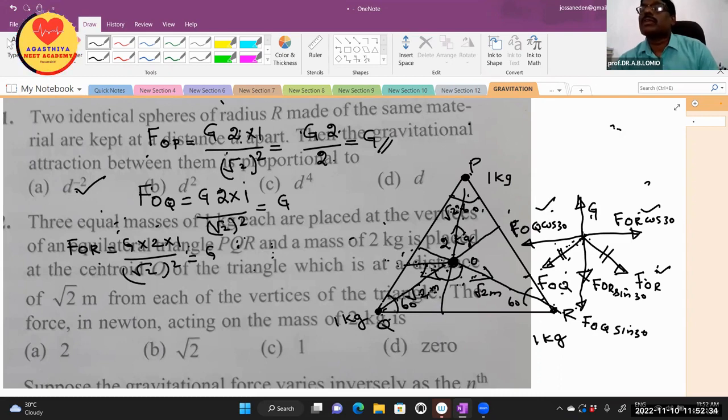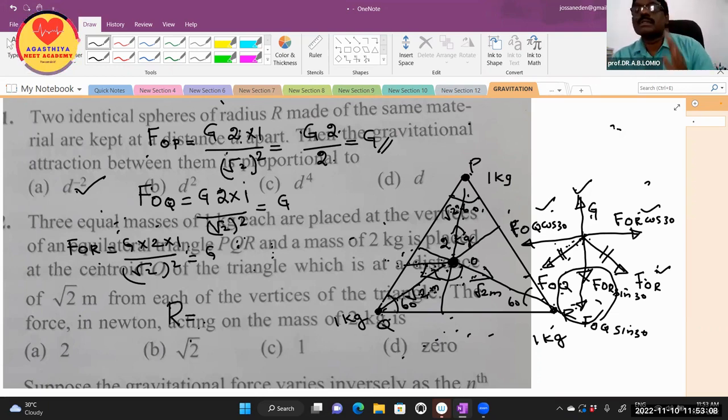Now, consider this force and this force. Both are acting in the horizontal direction but opposite to each other. Magnitude same, value same. Therefore, they will get cancelled. Positive side, negative side, get cancelled. And then these two forces are acting downward. This force is acting upward. Therefore, the resultant force about the point O is due to vertical forces only.